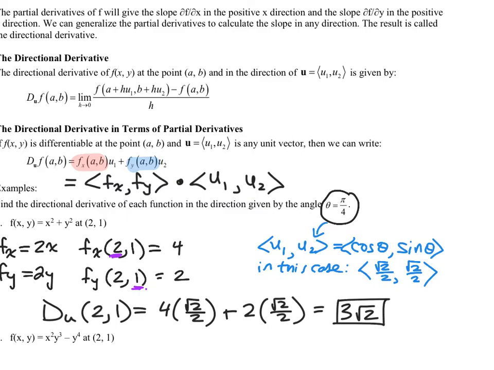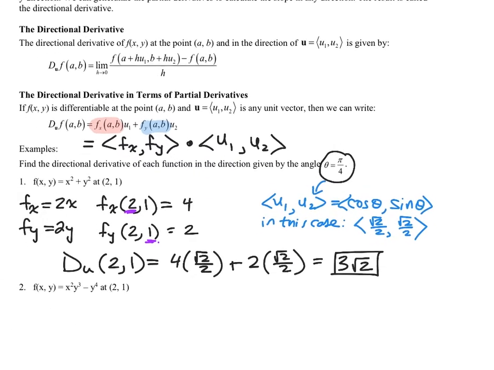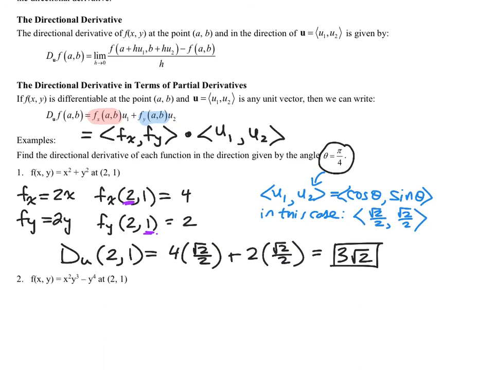All right, so that's going to give us, based on this angle, the rate of change in our two variables. We'll talk about this a little bit more next class, but we restricted it down based off of the angle.